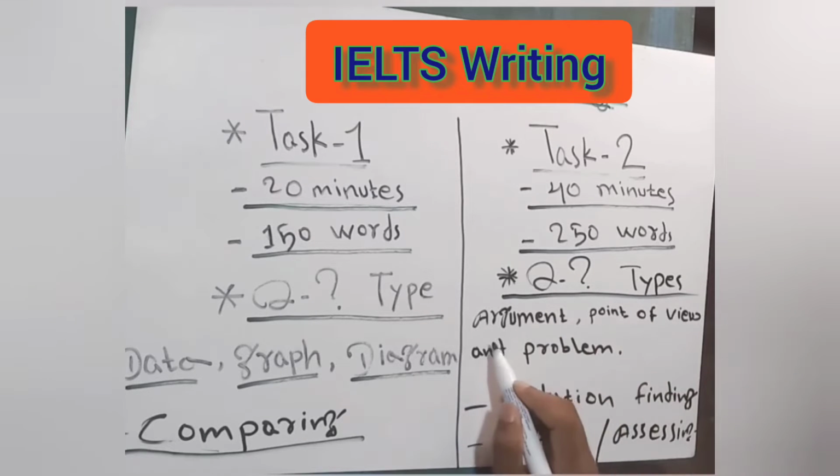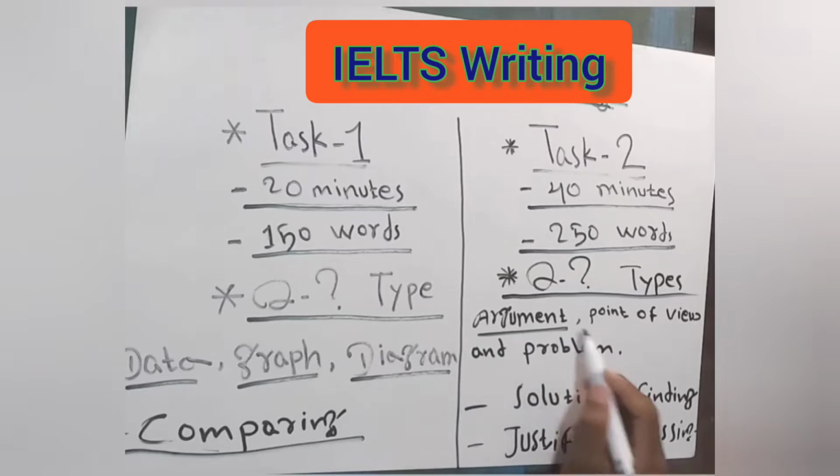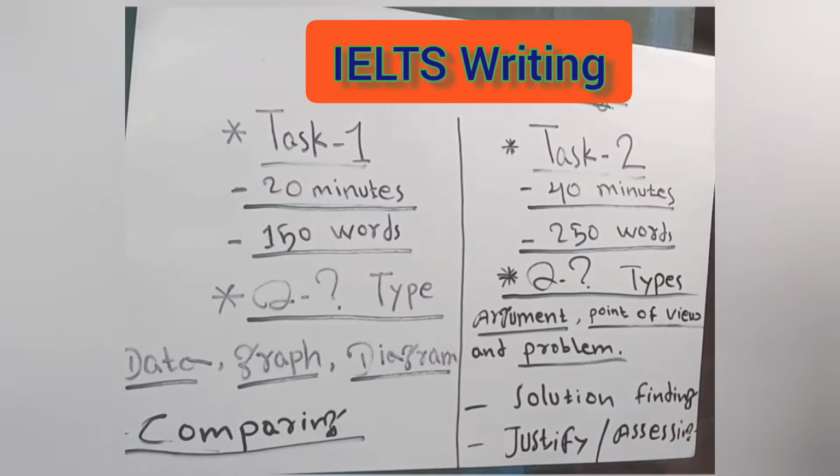In Task 2, there will be some arguments or points of view and some problems. In Task 2 arguments or problems, you just need to find solutions to the problem, and then you should assess the problems, right? After assessing the problems, you just need to find a solution, right?